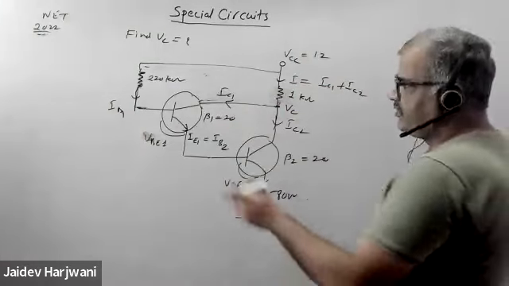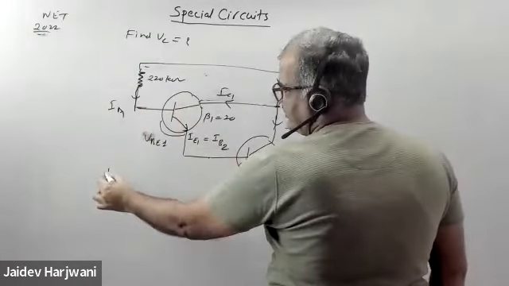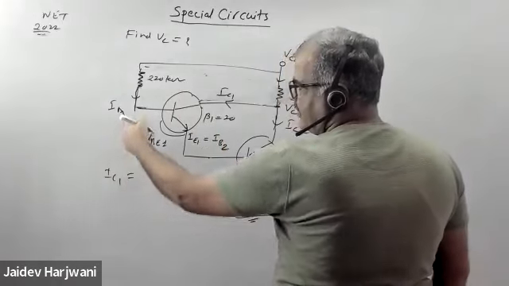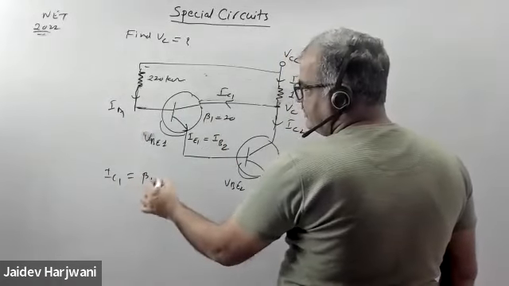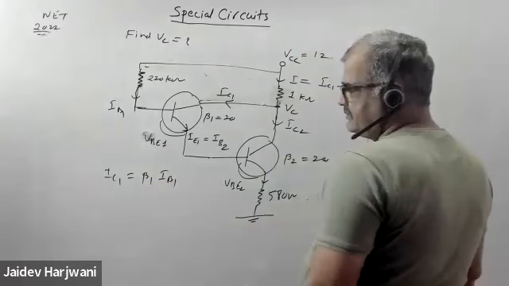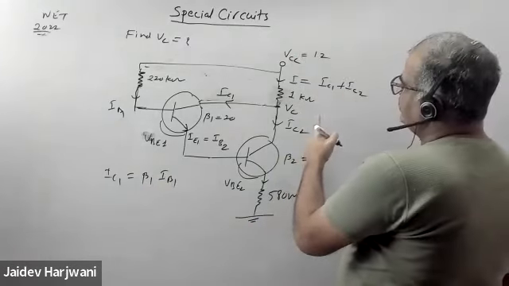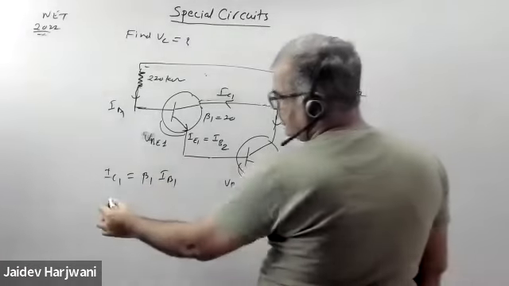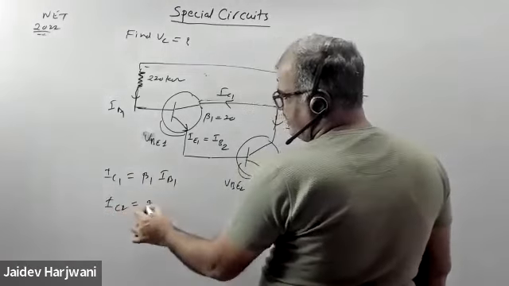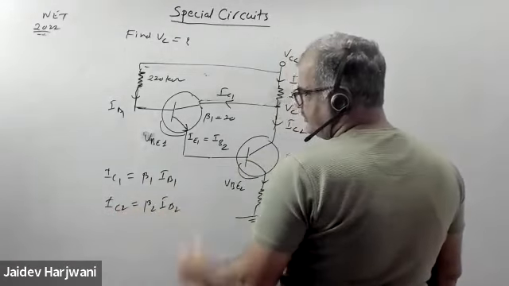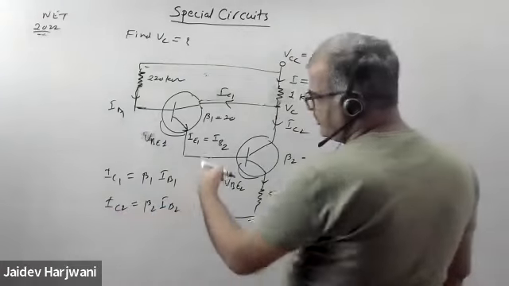So if you know IB1, you can find IC1. IC1 will be beta 1 times IB1. Similarly, if you want to know IC2, it is beta 2 times IB2. And IB2 is equal to what?